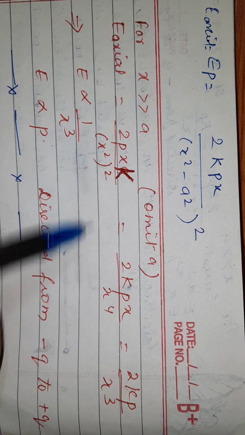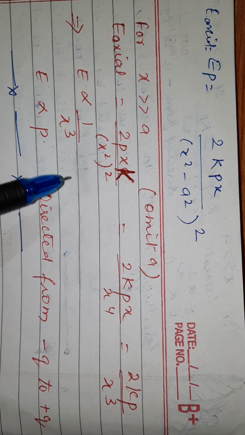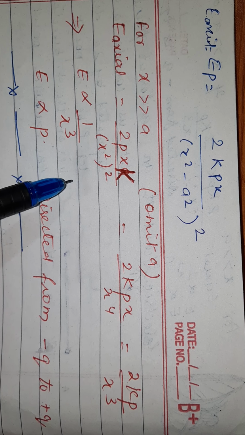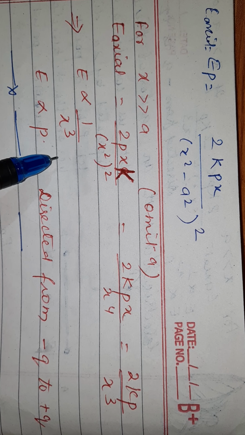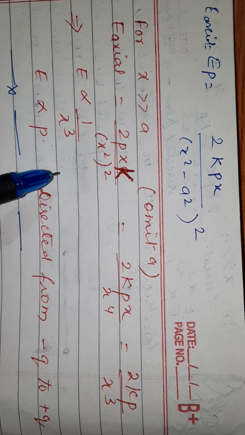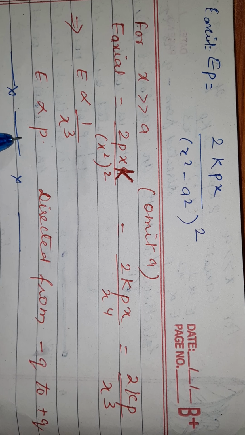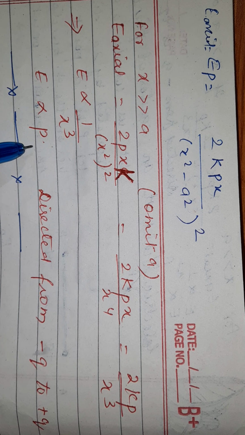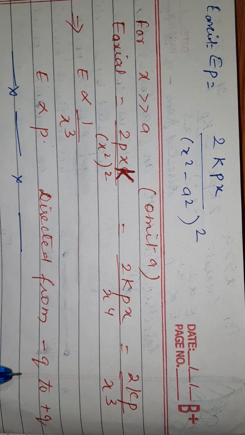So here you can see that electric field is inversely proportional to the cube of the distance of the point from the dipole, and it is directly proportional to the dipole moment, and it is directed from minus q to plus q.